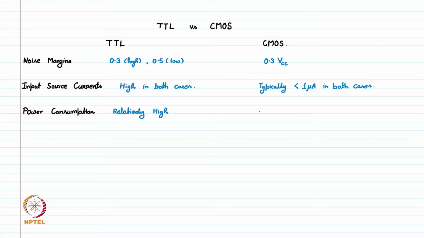However, in CMOS it actually depends on multiple factors, for example the VCC, but typically very low. For the same other parameters, for example the same frequency, same speed, CMOS consumes very low power.